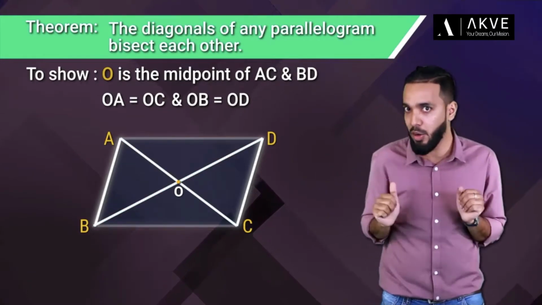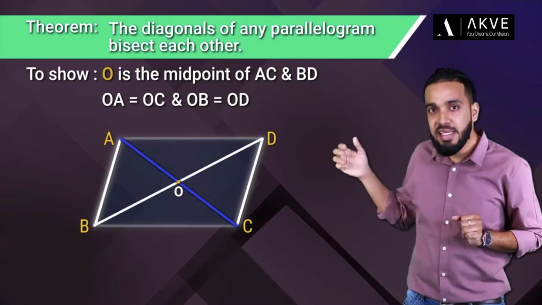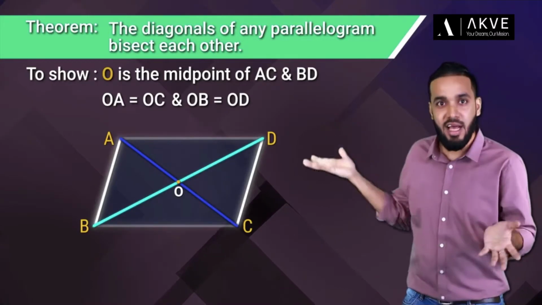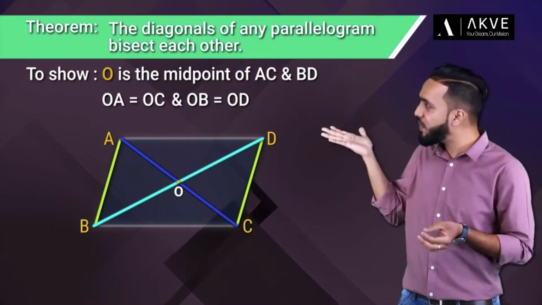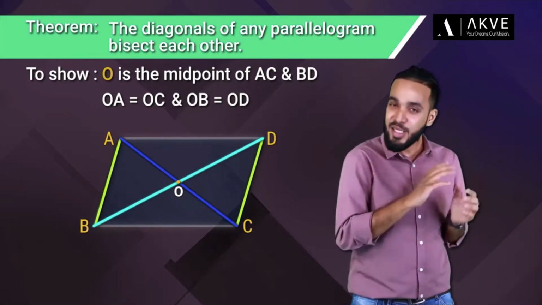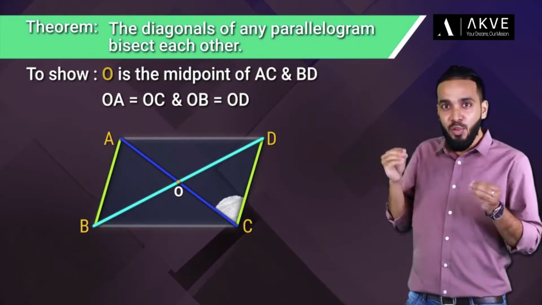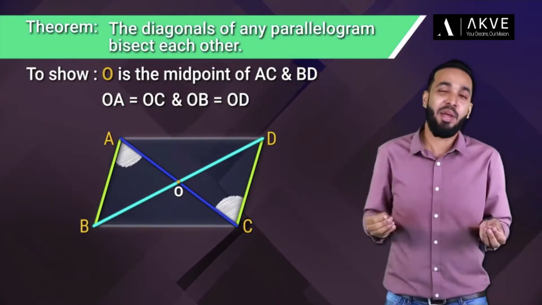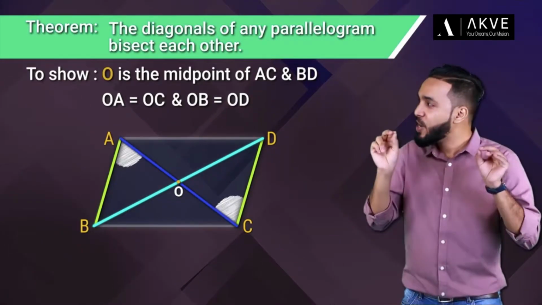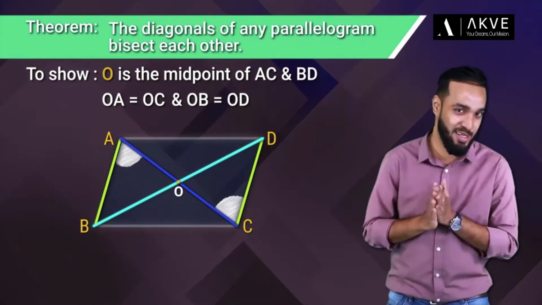If you think about it, the diagonals AC and BD act as transversals between each of these pairs of parallel lines. So this angle would be equal to this angle because they form a pair of alternate interior angles.